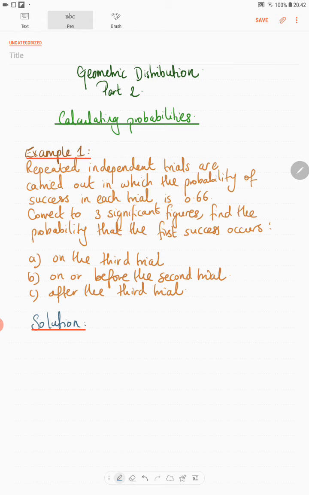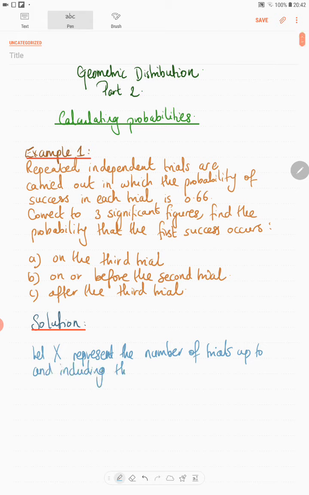So we can write: we let X represent the number of trials up to and including the first success.